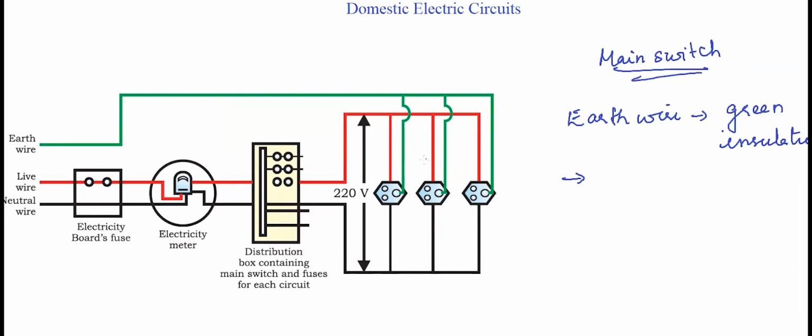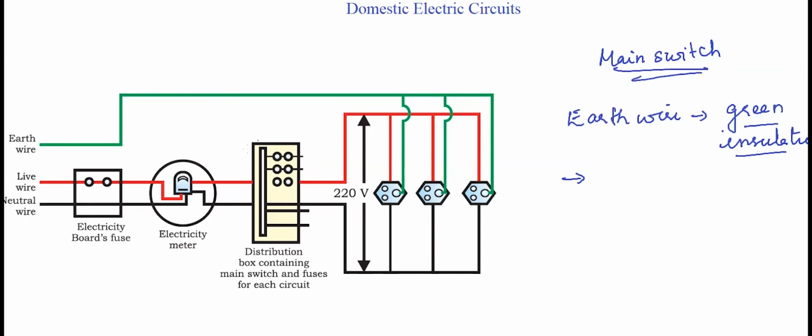It provides a least resistance path for the overloading current, so that it will not damage any appliance or cause any harm to the person handling the appliance. So that is the earth wire.